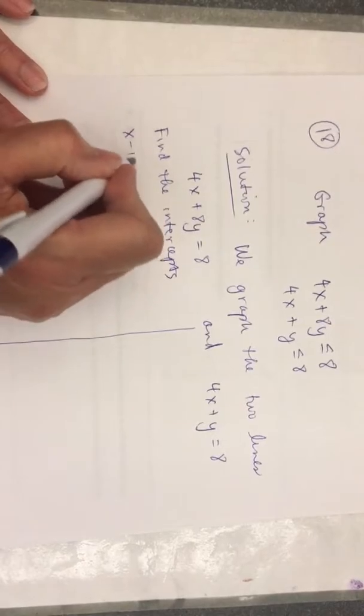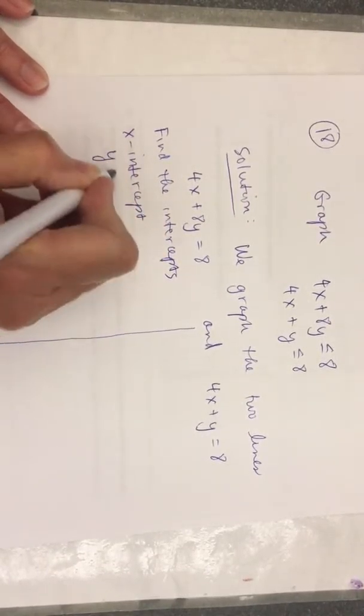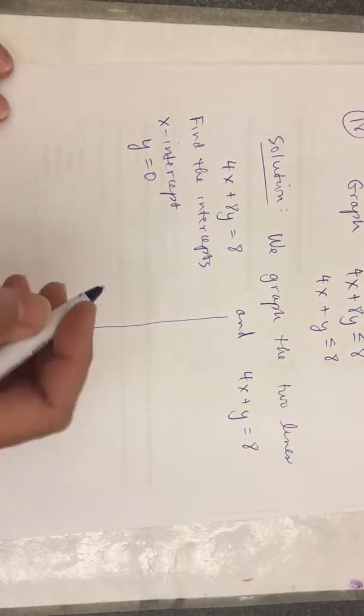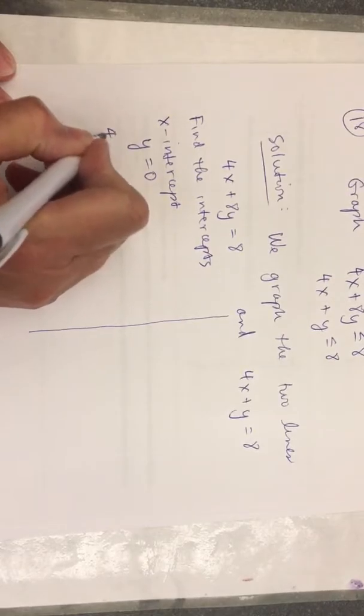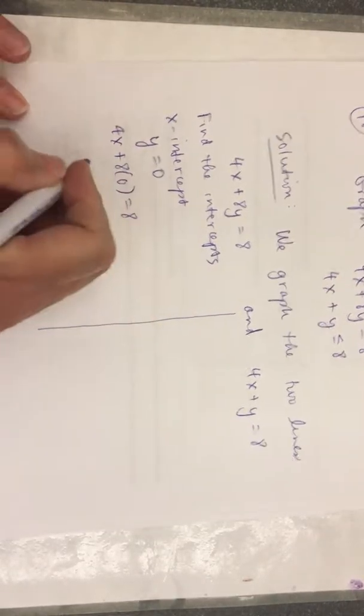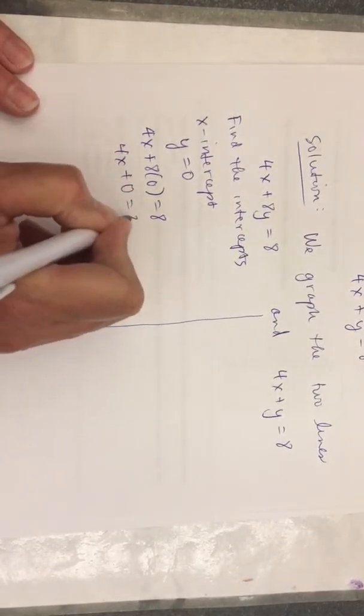The x-intercept: for that, y equals 0. And you write that every time so that you put it in your long-term memory. Y equals 0, so this would be 4x plus 8 times 0 equals 8. 4x plus 0 equals 8.